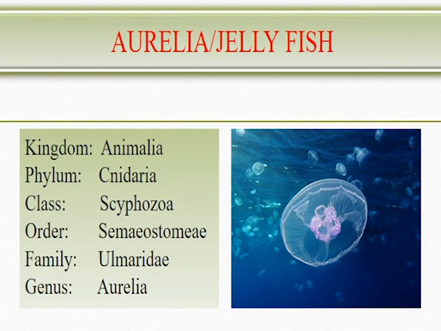We now come to the type study of Aurelia, the jellyfish. As you can see, this is a beautiful picture of the jellyfish Aurelia. In the classification, the kingdom is Animalia, phylum is Cnidaria, class is Scyphozoa, order is Semaeostomeae, family is Ulmaridae, and genus is Aurelia.